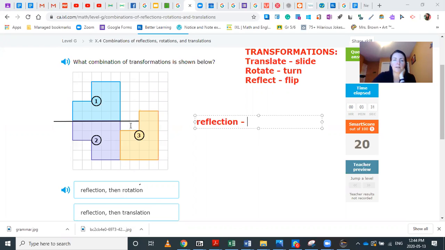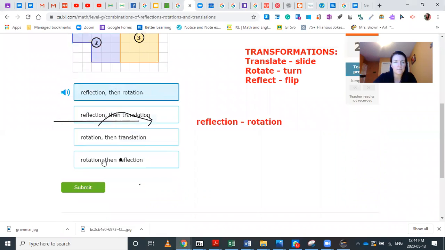If you were to put your finger right here on this dot, you would then rotate it across that way. So the first one is reflection, and our second transformation is called a rotation. You can see that it was lying down and now it's standing straight up. So reflection and then rotation.